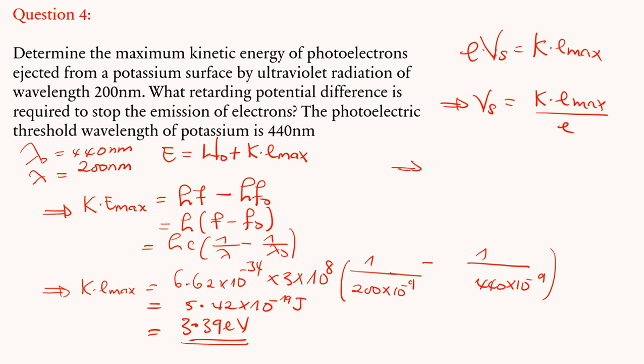KE max is 3.39 eV, divided by the electronic charge. So the e's will simplify, and therefore our stopping potential is simply 3.39 volts. That's the result.